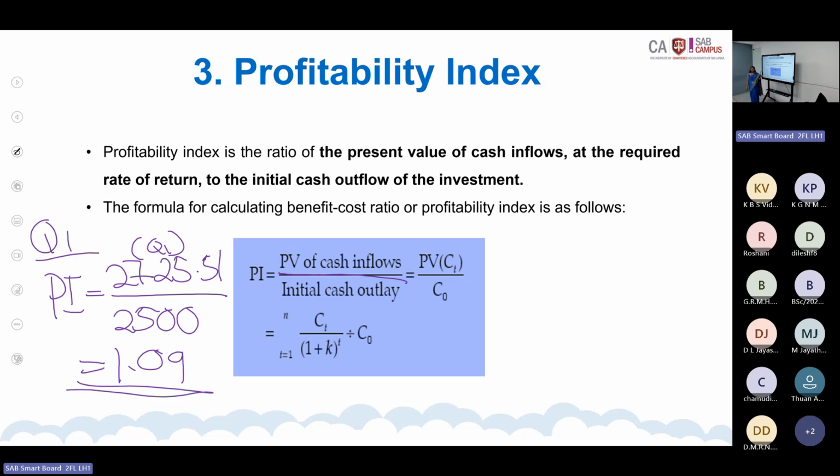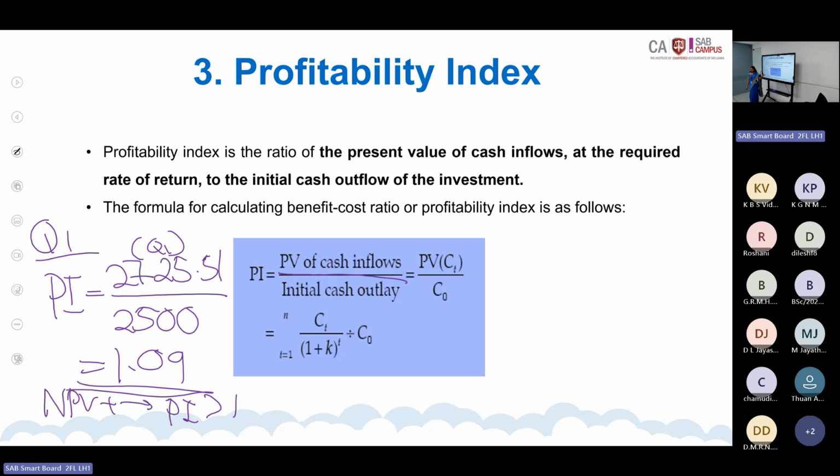It's greater than 1. Why is it? If the NPV is positive, I claim that the PI is definitely also higher than 1. Do you agree with this statement? Yes. Why?